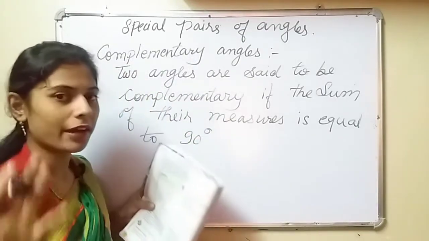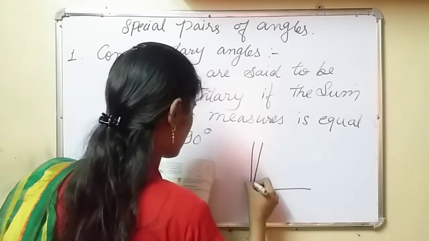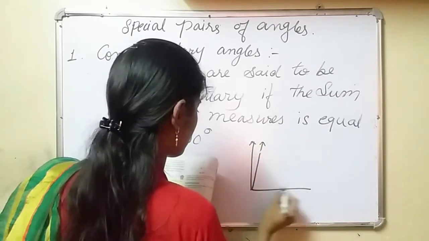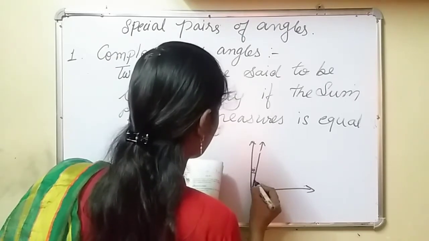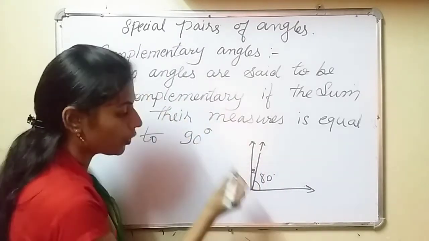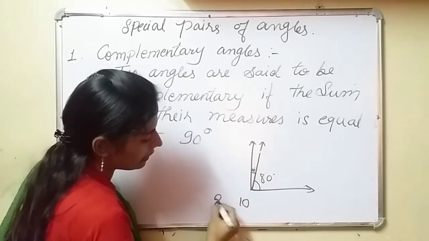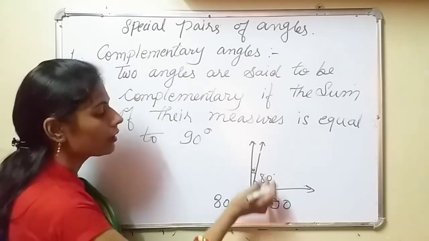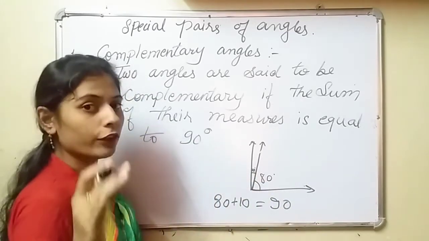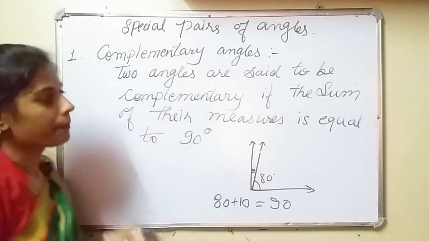If the angles are made on the same line, this is your 10 degrees and this is your 80 degrees. See, these both are also angles. If these two angles are added here, 80 plus 10, it will become your 90 degrees. So the sum of two angles is 90 degrees, they are your complementary angles.